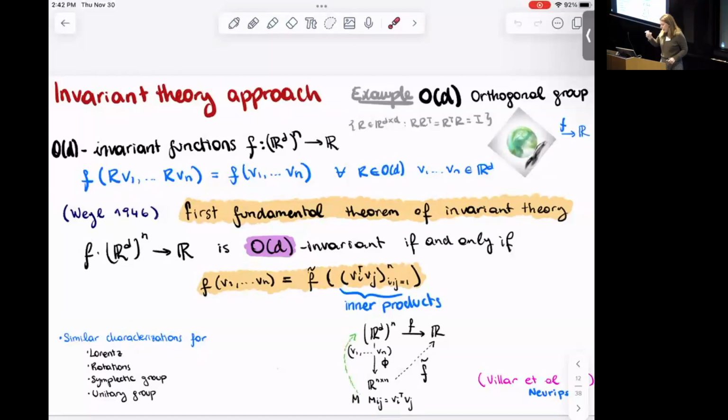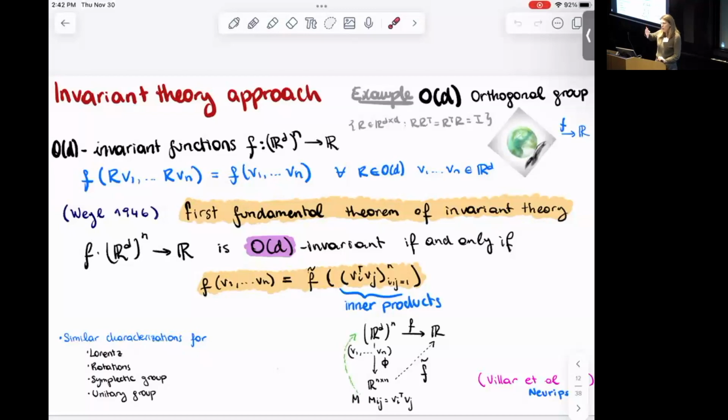So the idea is the following. Say that you have this point cloud over here, and you want to predict the energy of this point cloud. The energy of this point cloud is an O(3) invariant function.